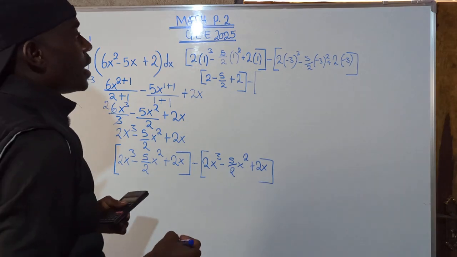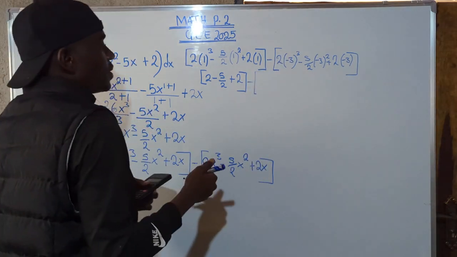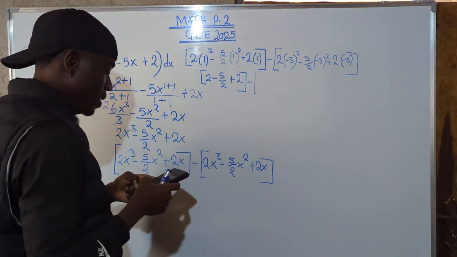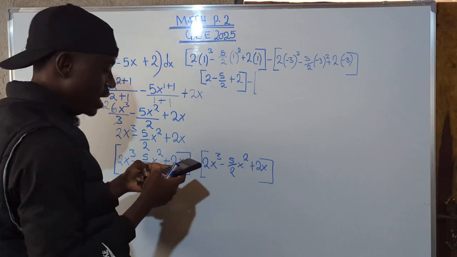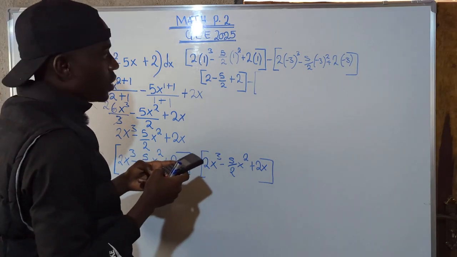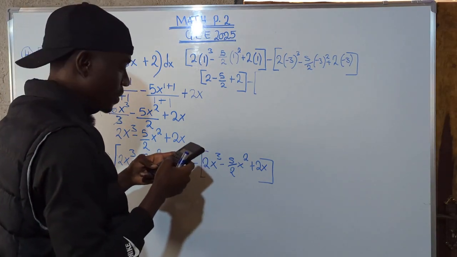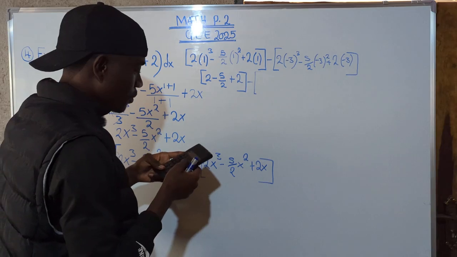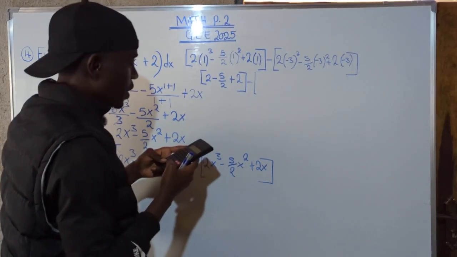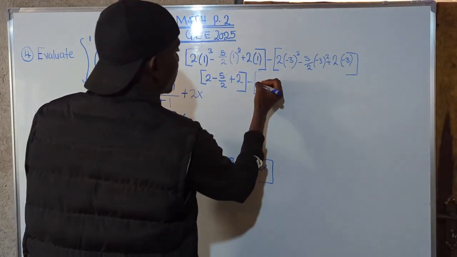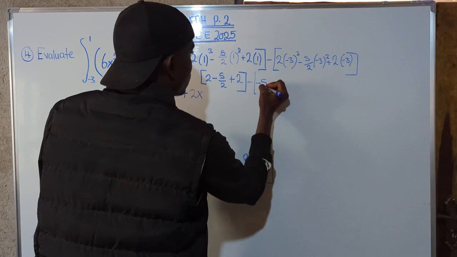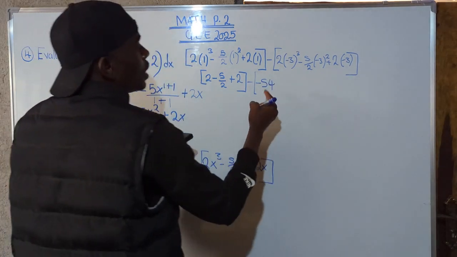Okay, so when you reach there, this basically is going to give us a positive 27. Okay, so you can just punch everything on the calculator because your calculator is actually allowed. So you can punch that on the calculator. Okay, let's see what we're going to get. So here we're getting minus 54.